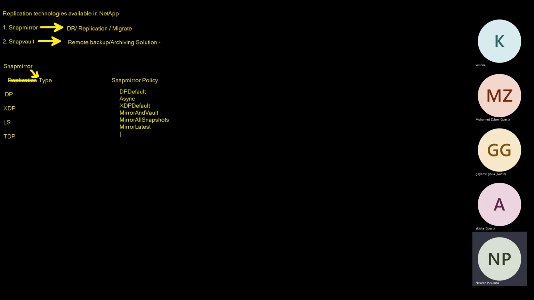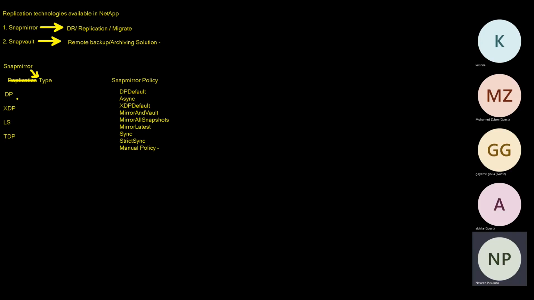Not only that, we have a sync policy. We do have so many policies. Along with that, you can create a manual policy as well. That means you can create your own snap mirror policy.